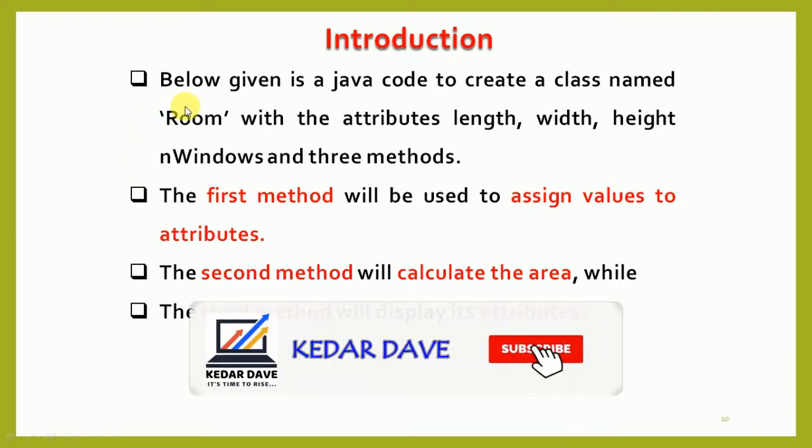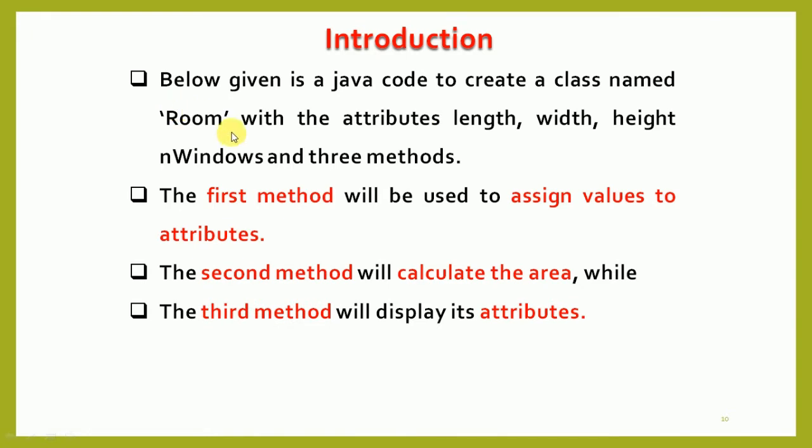Below is the Java code to create a class named Room with the attributes length, width, height and number of windows, and three methods. The first method will be used to assign values to attributes. The second method will calculate the area, while the third method will display its attributes.